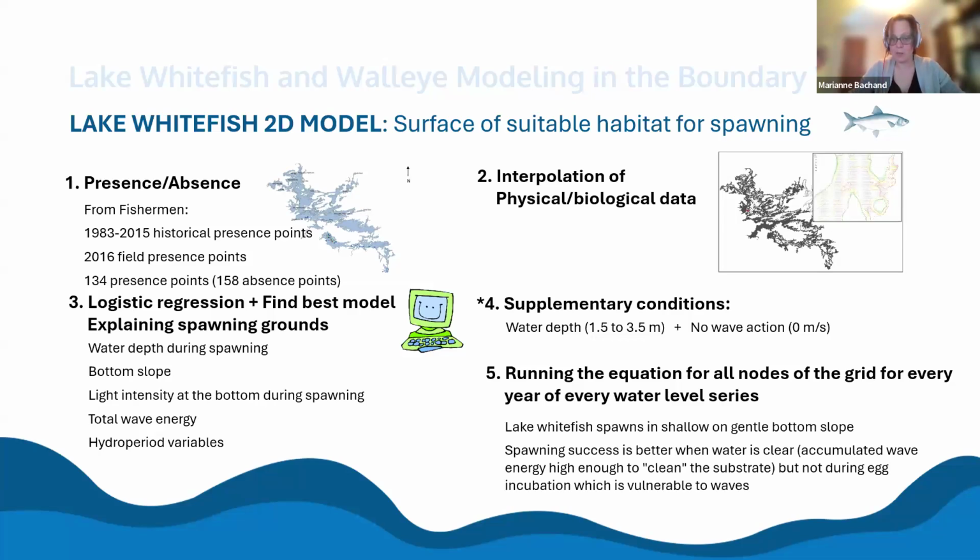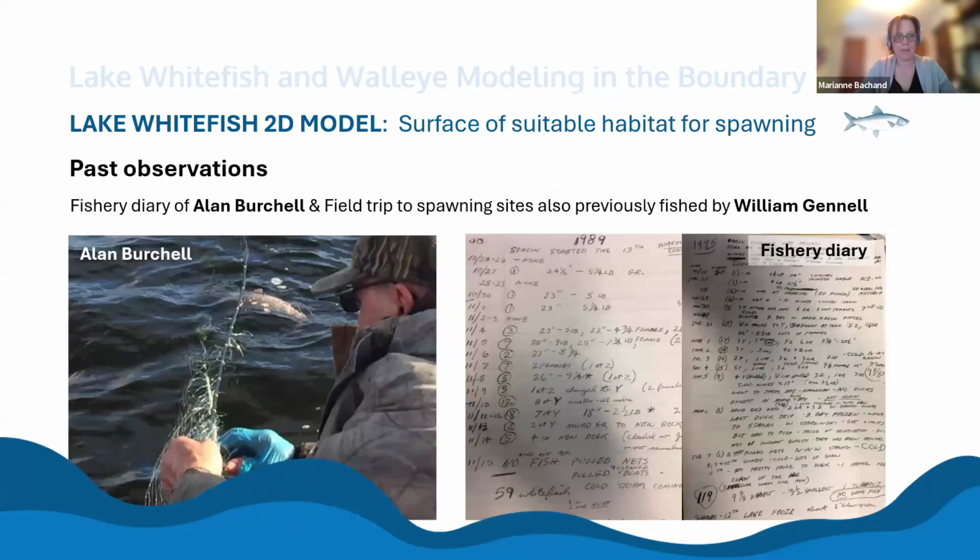So the best model was indicating that lake whitefish spawn in shallow water and gentle bottom slope. The spawning success is better when water is clear. It means where we have accumulated wave energy high enough to clean the substrate, like for walleye, but not during the egg incubation, because this species is really vulnerable to wave action when the eggs are underground.